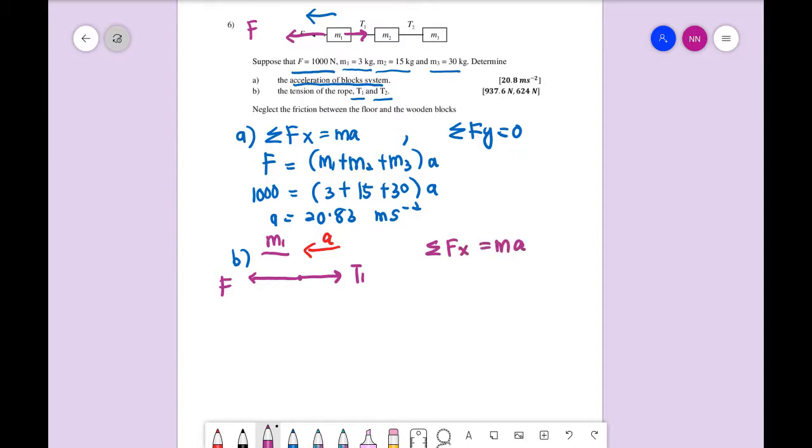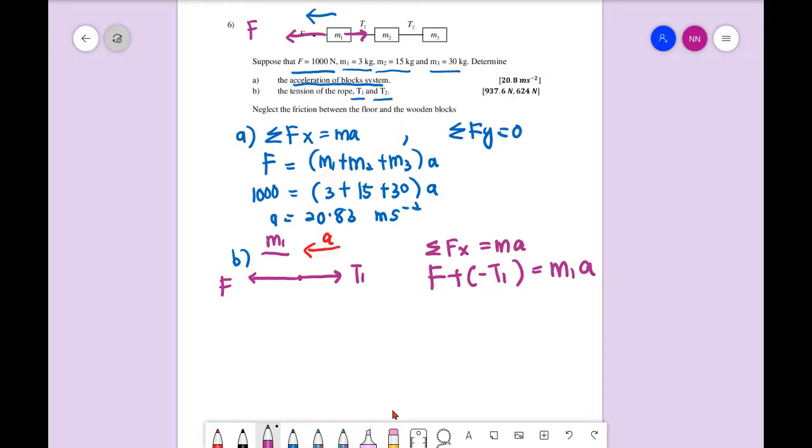The force in the same direction as acceleration is F, so F will be positive. Look at the arrow. And T1 is opposite direction of acceleration A, so it is negative. So F plus negative T1 equals M1A.